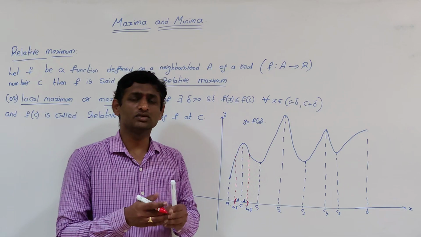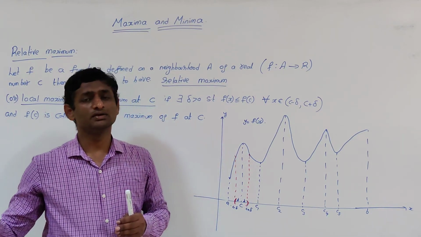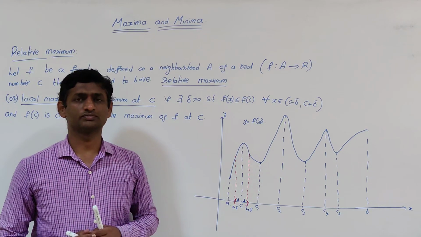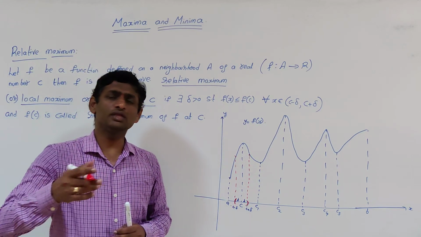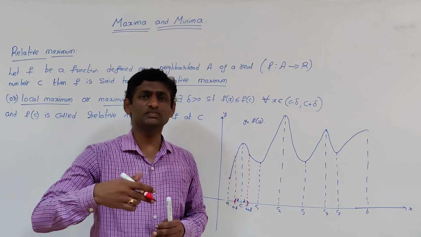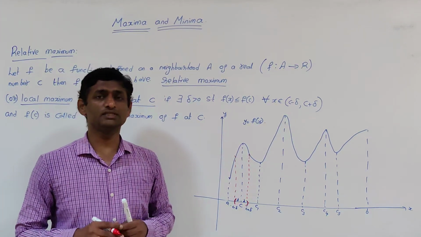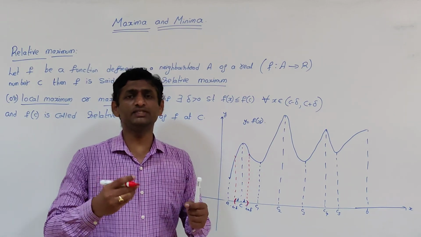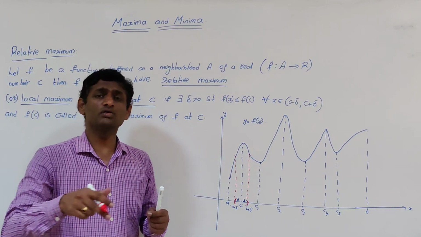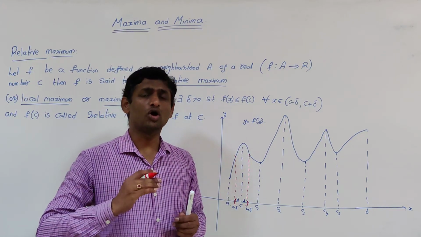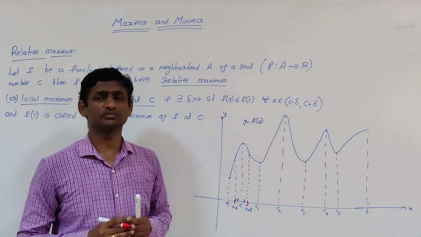So like this we can have 5 local maximums. Each person is from each section. Among these five top scorers, one person will be the top scorer among the 5.